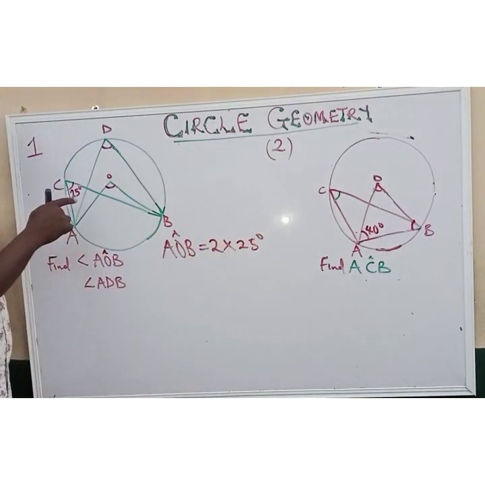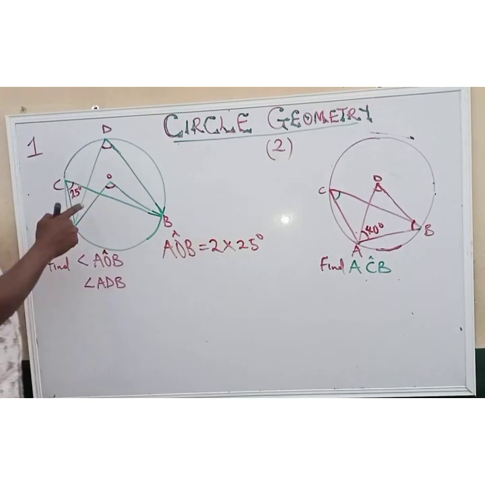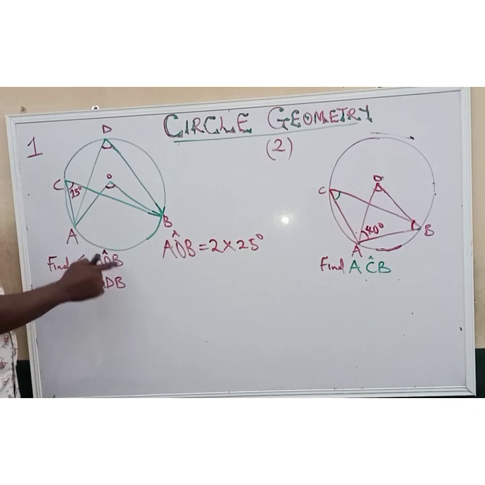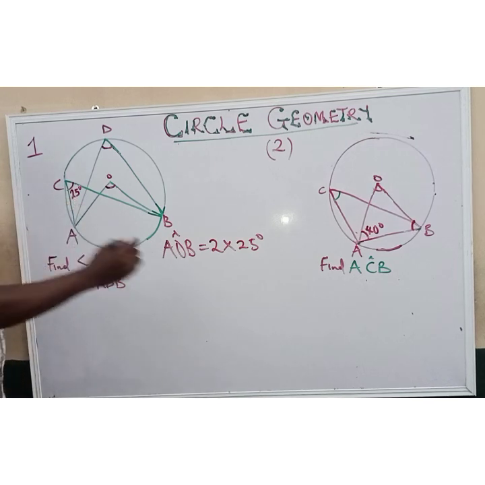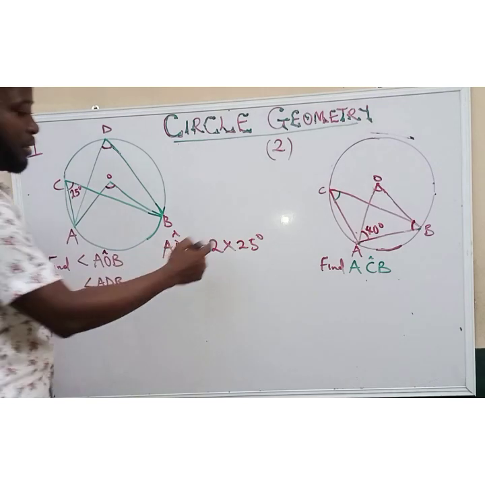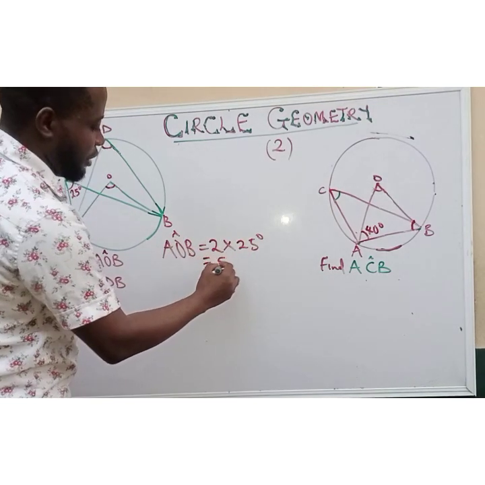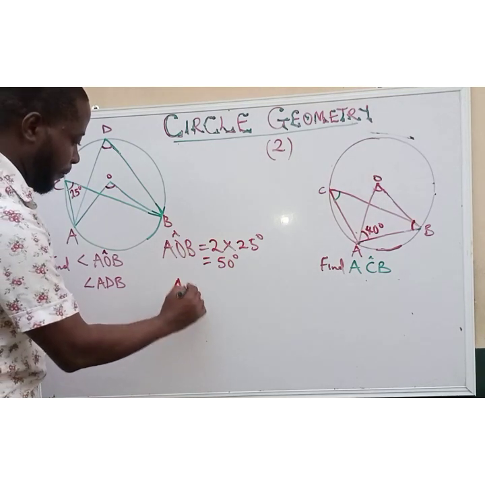That is going to be 2 multiplied by 25 degrees. So that is angle AOB, which is the angle at the center. Once again, the angle at the center is twice the angle at the circumference. So if this is 25 degrees, then the angle at the center is 2 multiplied by 25 degrees, which is what? 50 degrees.